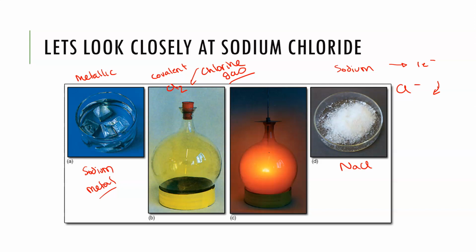We can take an explosive metal that will react explosively with water, combine it with a toxic gas, and we get something that we essentially flavor our food with, so it becomes non-toxic and able to be eaten. And this shows you the power of the way that the bonding can change the properties that we see.